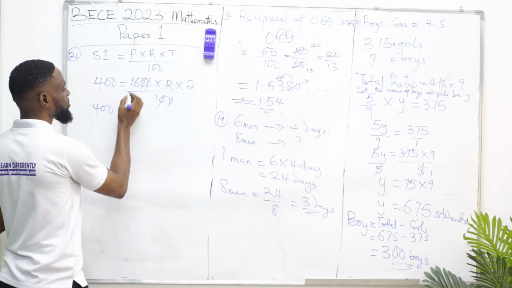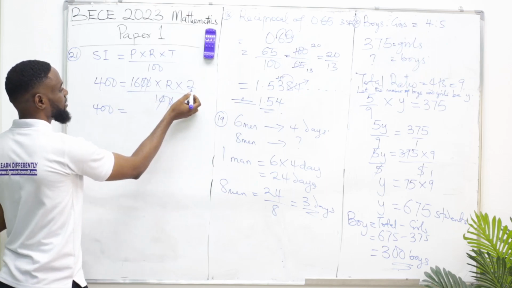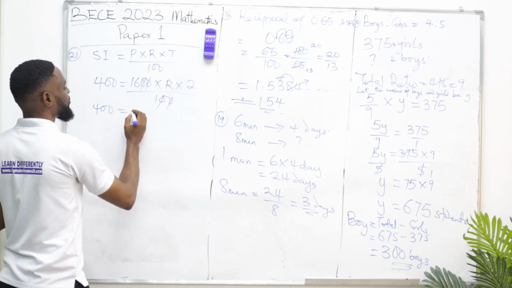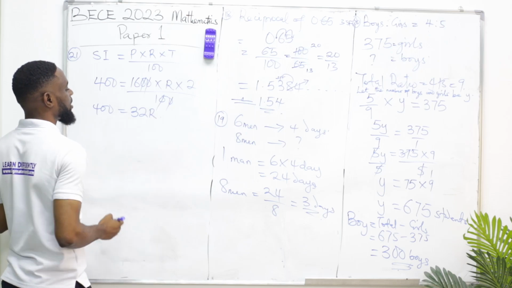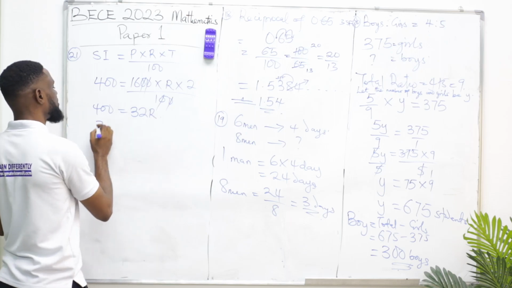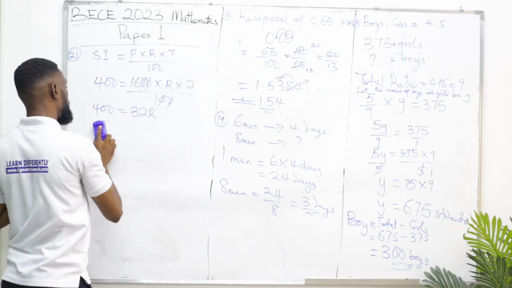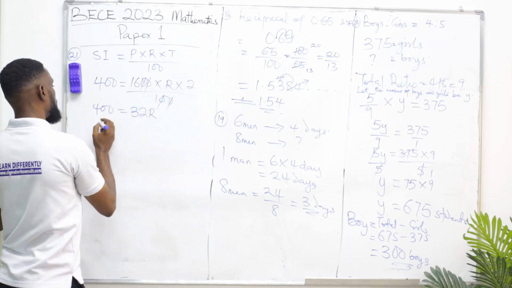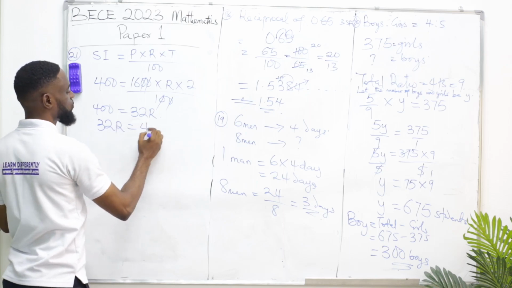So we have 400 is equal to 16 times R is 16R times 2 is 32R. So this is 32 rate. Is that okay now? So we can divide both sides. So 32R rate is equal to 400.